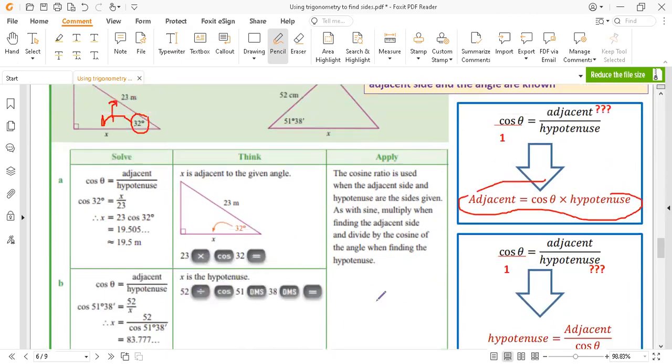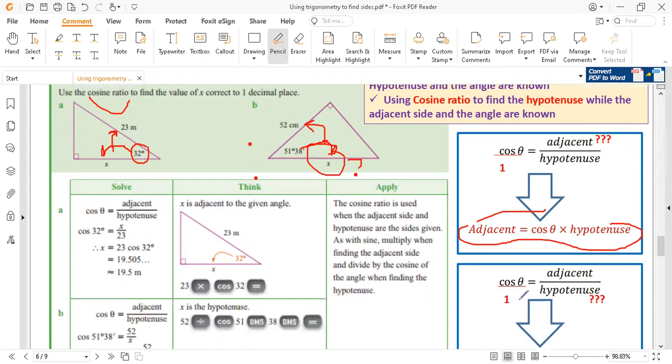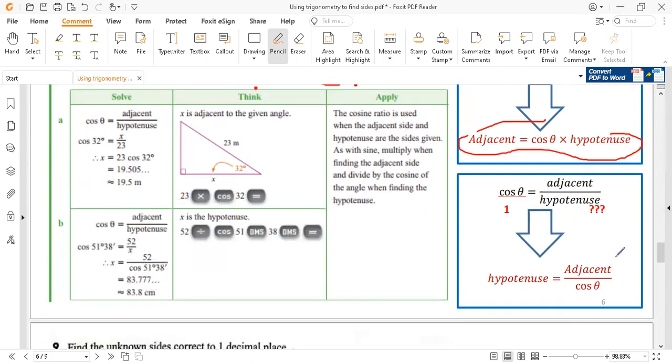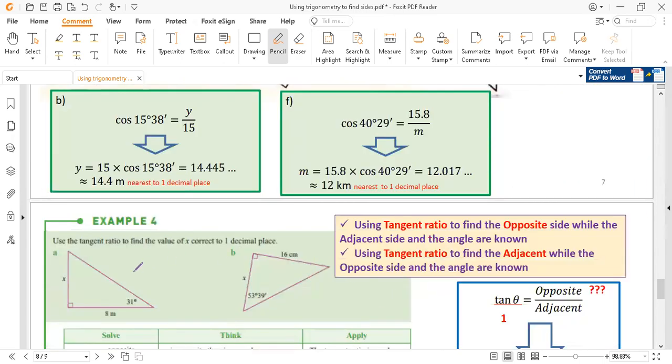In another case, only the hypotenuse and the adjacent side are involved, so we use the cosine ratio. The cosine ratio equals 52 over x. Here we want to find the hypotenuse, and the hypotenuse equals adjacent over cosine. It is easy to complete the following exercises by yourself.